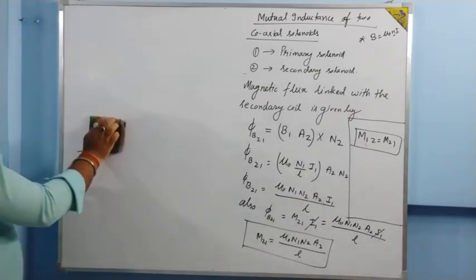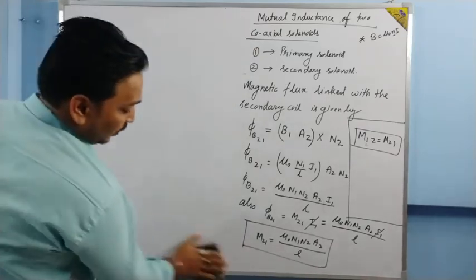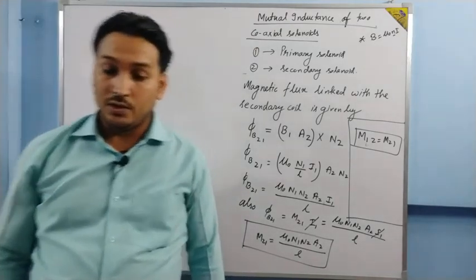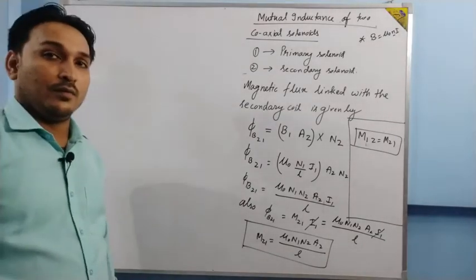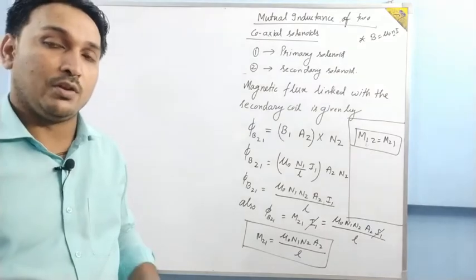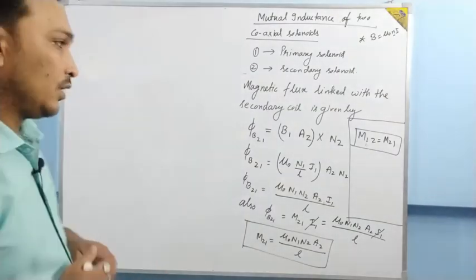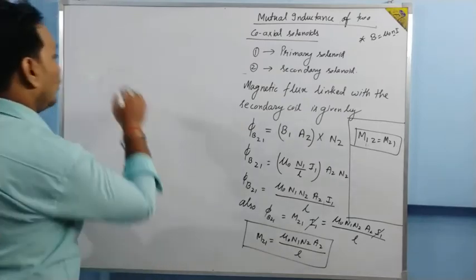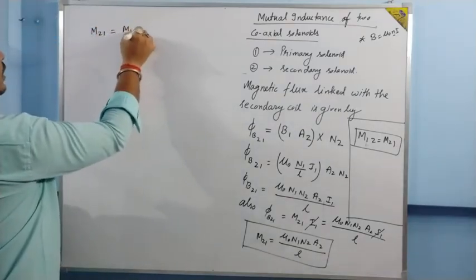From the PDF you are writing, that is okay, but believe me, the best notes are the ones you prepare by yourself while learning, whether you are learning from a video or from a book. From the formula we can say M21 is equal to M12, let us call it M only.